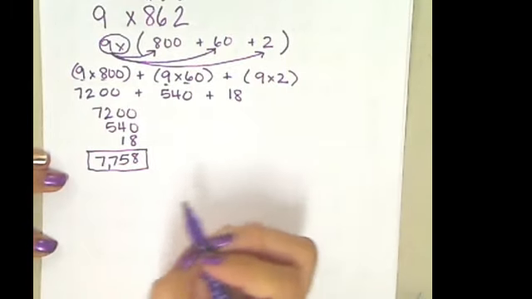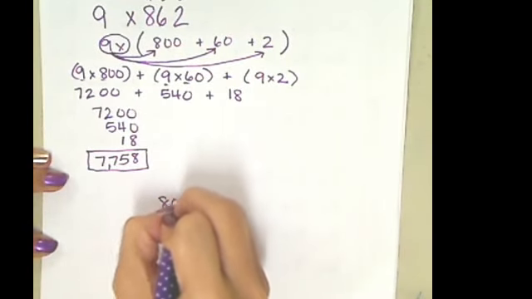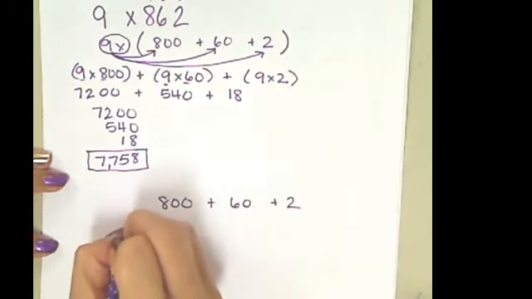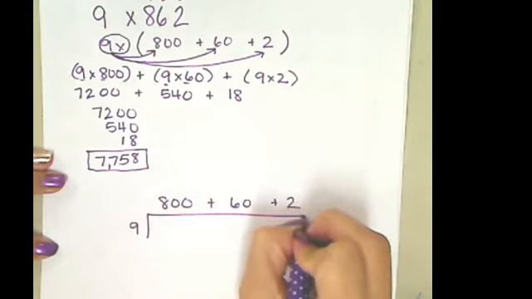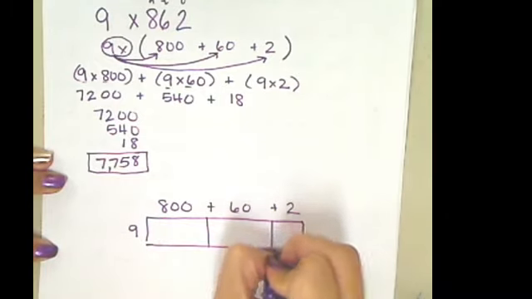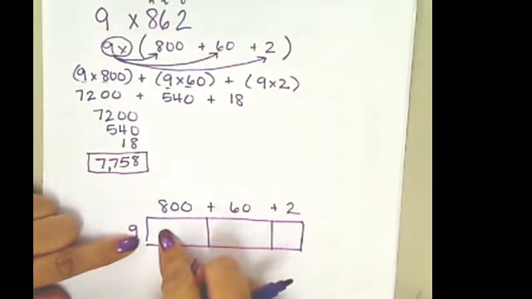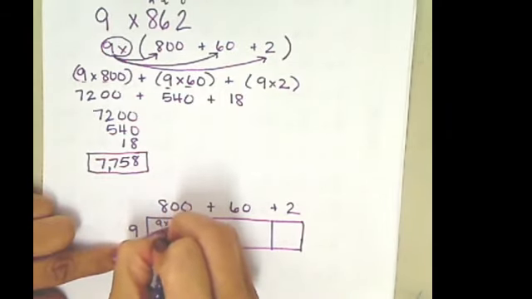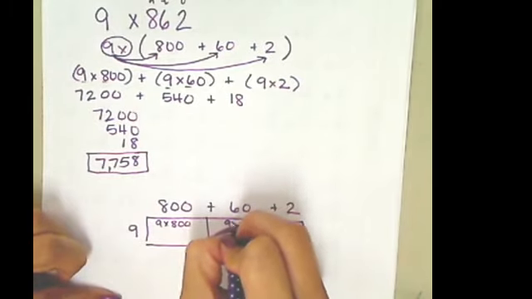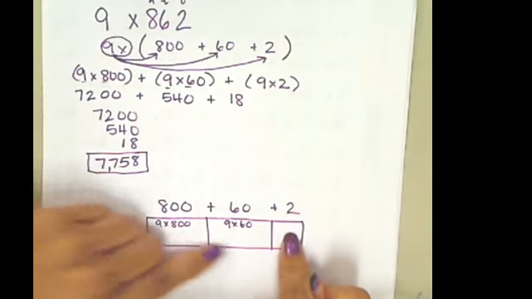What if you worked it out the other way? Can we get the same product? Let's expand that number again. Draw our matrix. 9 times 800, 9 times 60, 9 times 2.